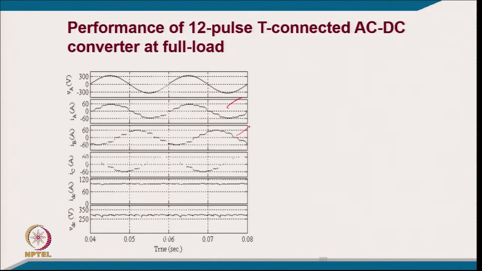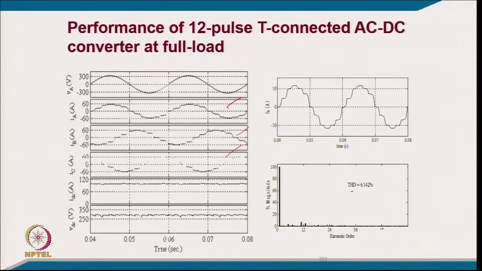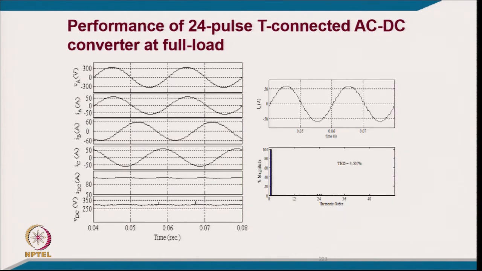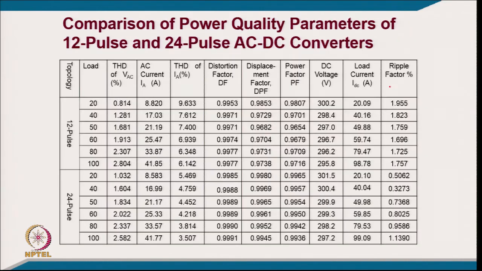And these are the currents, typically in case of 12 pulse, 3 phase currents drawn from the supply, and the THD of this is of the order of 6.14% in place of 15% because of the effect of leakage reactance of the transformer. And these are of course for 24 pulse with pulse doubling, and the THD reduces to the order of 3.5% in place of 7.5% because again of the effect of leakage reactance, and your current goes very close to sinusoidal also.